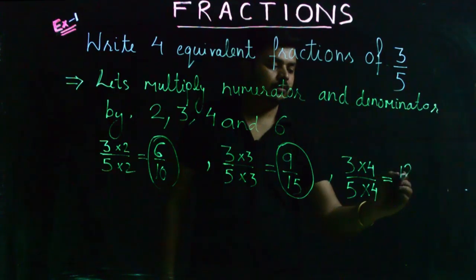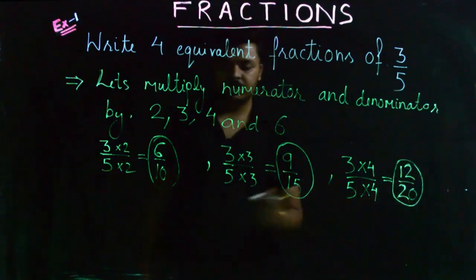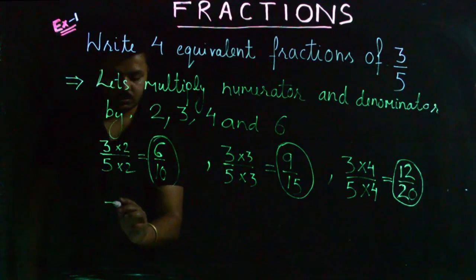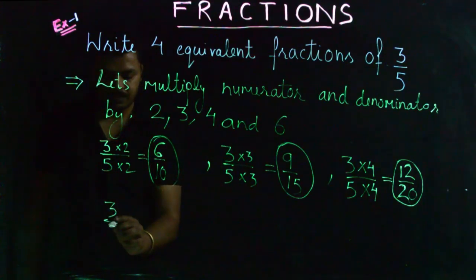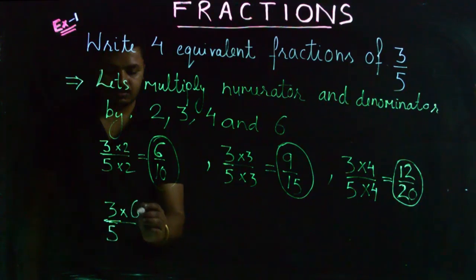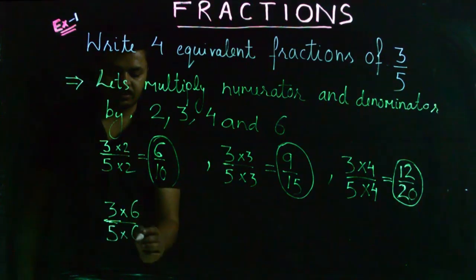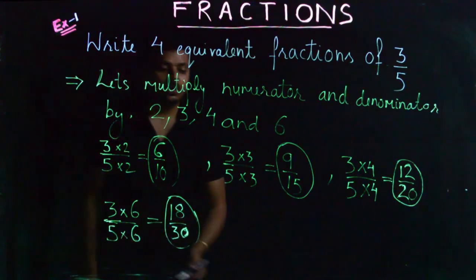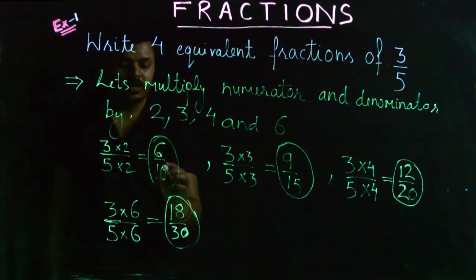So we get 12 upon 20. This is our third, and at last 3 upon 5, multiplying by 6 on numerator and denominator, we get 18 upon 30. So these are our 4 equivalent fractions.